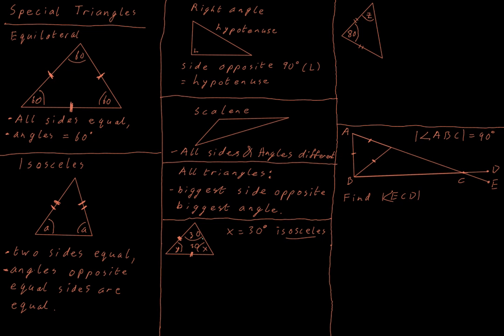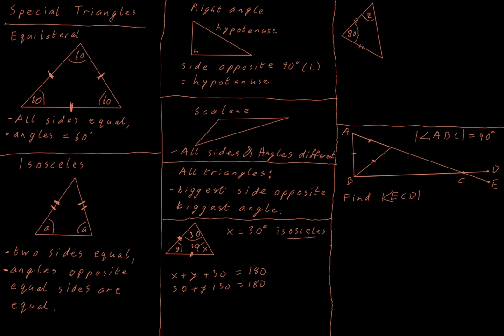How am I going to find y? Well, I now know that the angles in a triangle must all add up to 180. So x plus y plus 30 must all add up to 180, and I know that x is 30 degrees. So I have 30 plus y plus 30 is equal to 180.